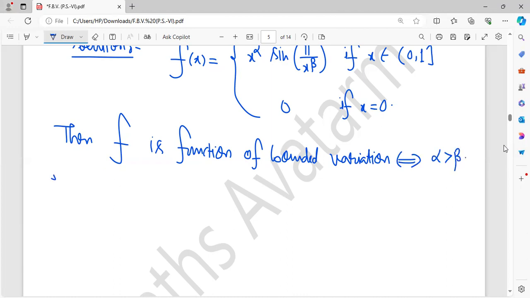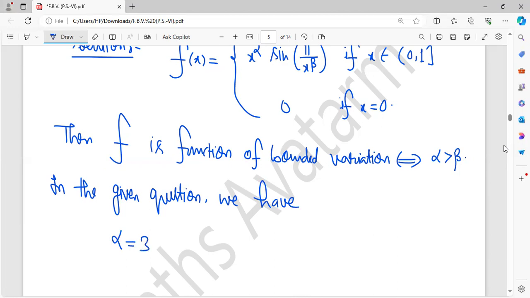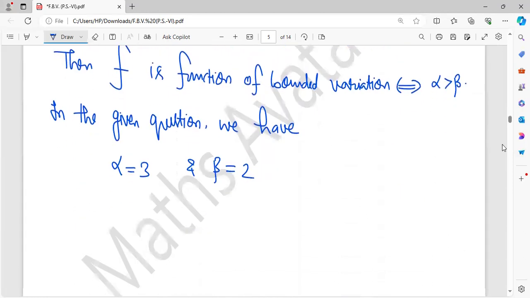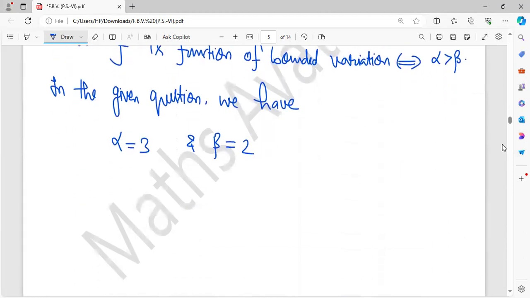Now in the given question, what is alpha? Alpha is 3 and beta is 2. You see that alpha is equal to 3, which is greater than 2, which is my beta.